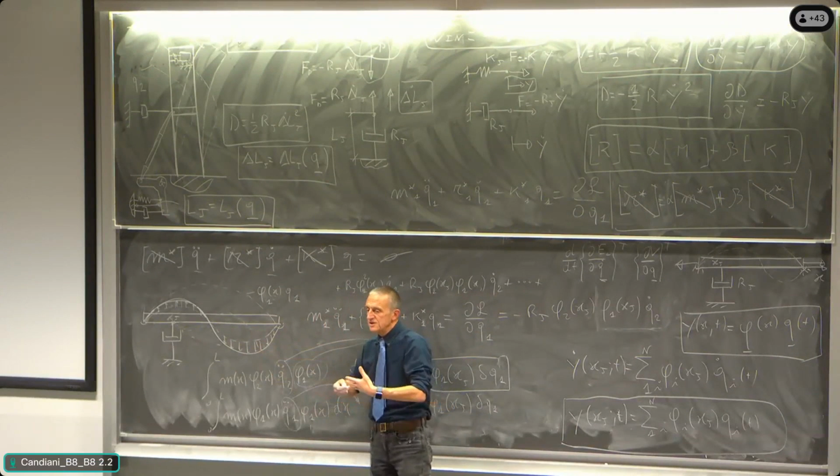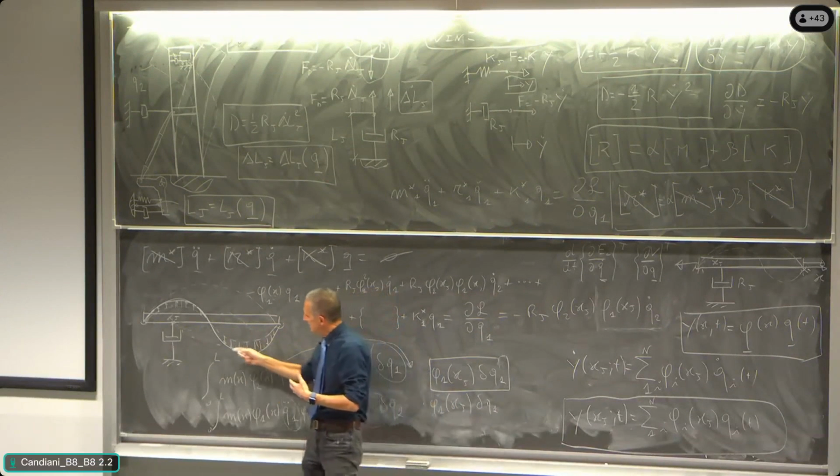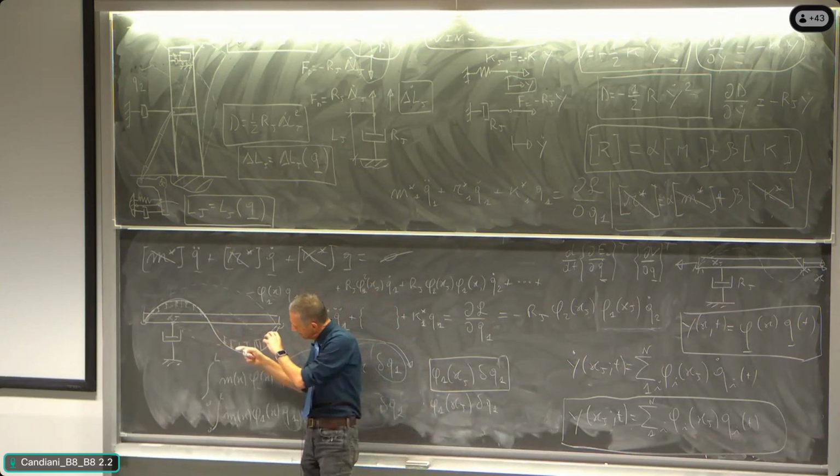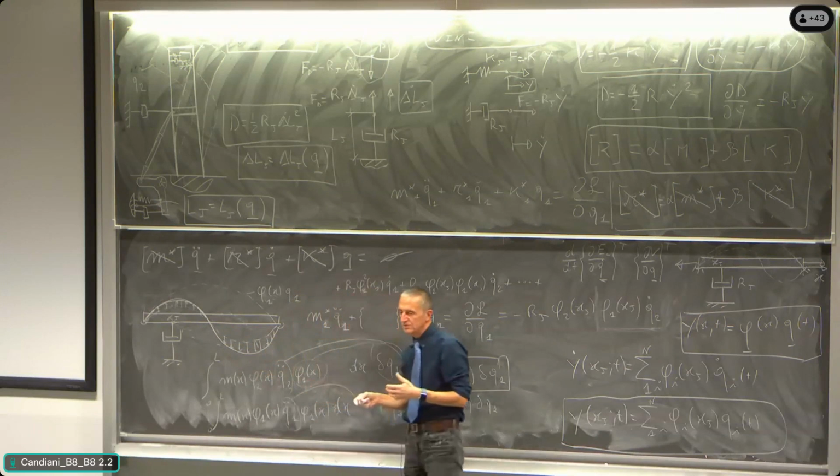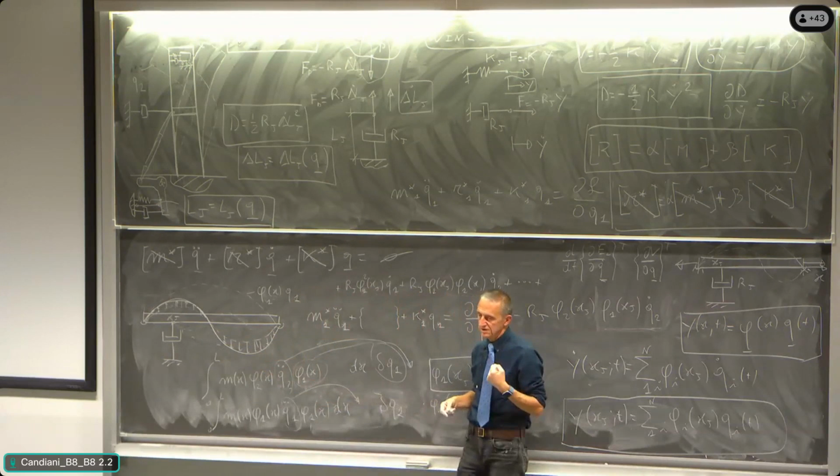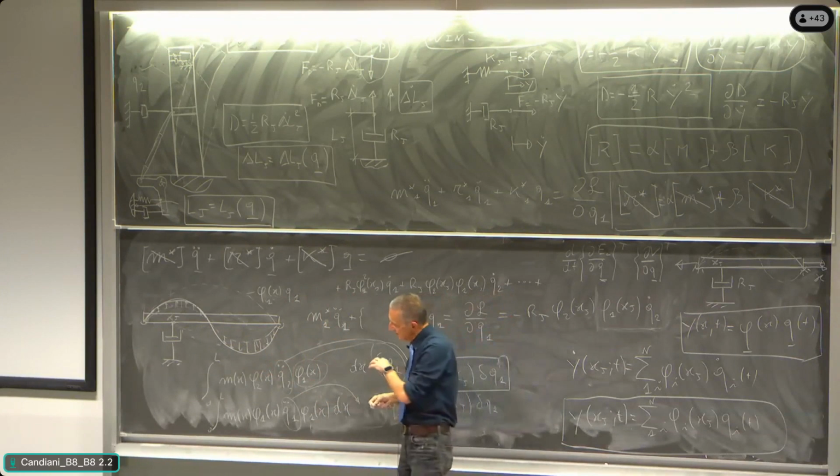You are working with something that has mathematics totally equal to what you did for the stiffness and for the mass itself. And so this is the very general idea.